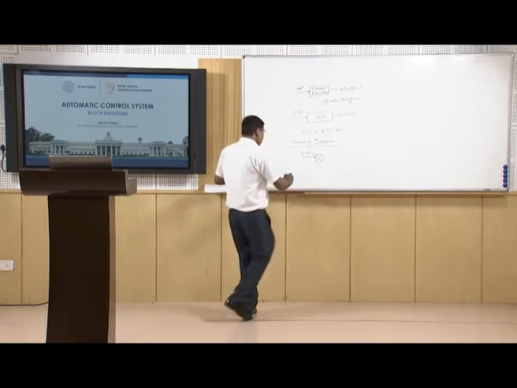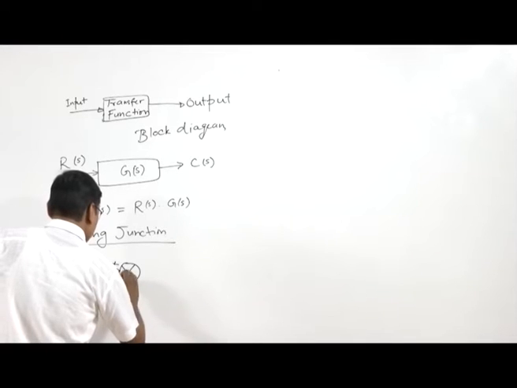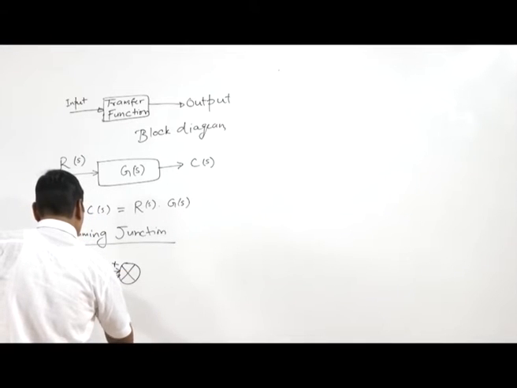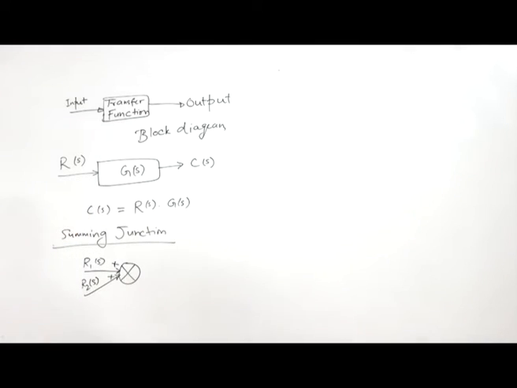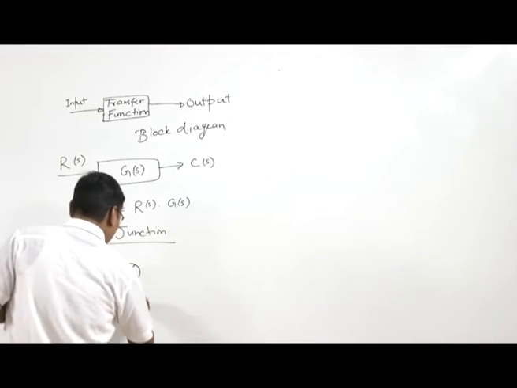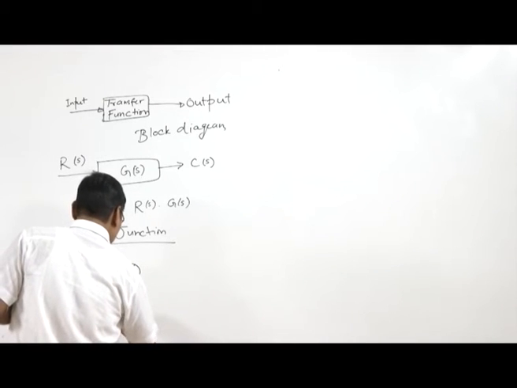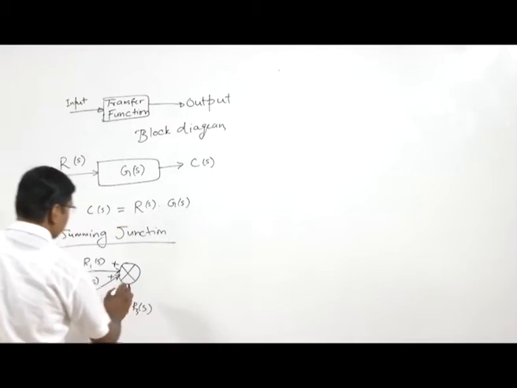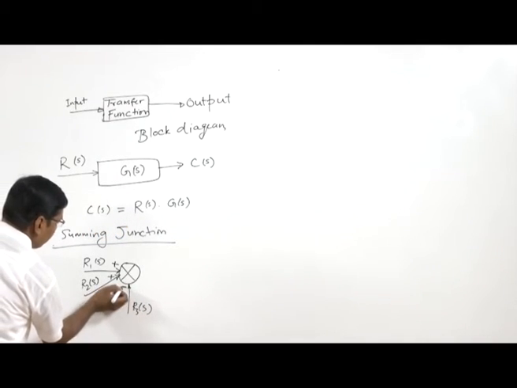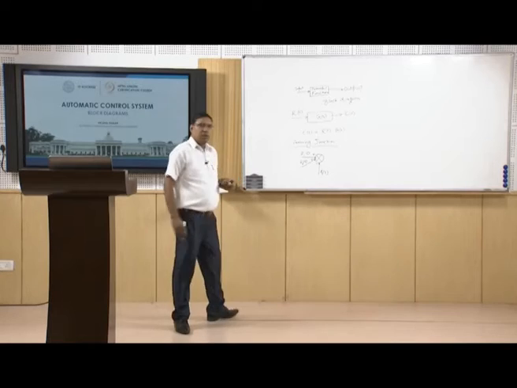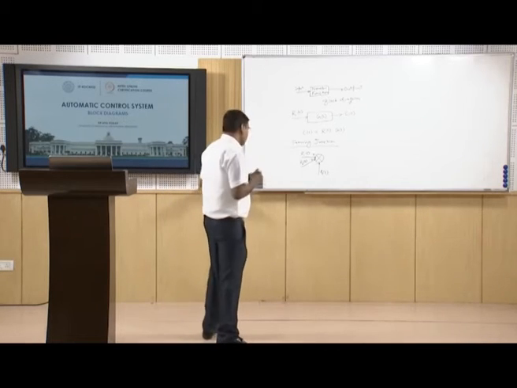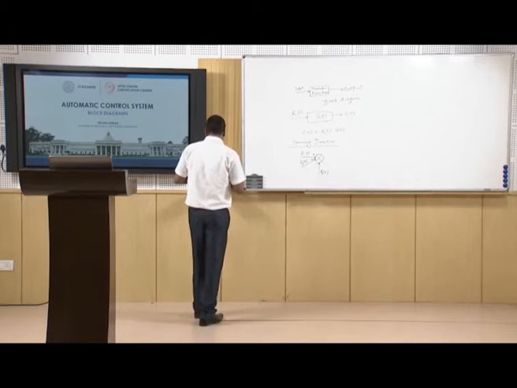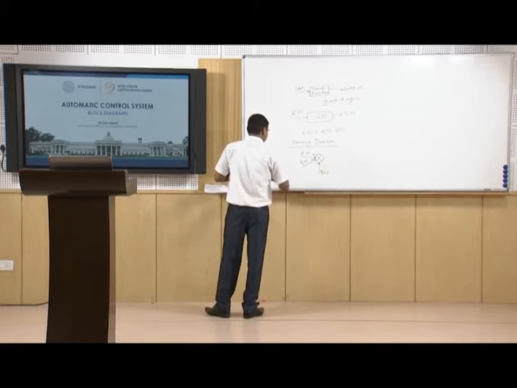Then there is another signal R2(s), and this also has a plus sign. Then there is some other signal R3(s), and it has a minus sign, so it is going to be subtracted. So subtraction of R3 and addition of these.